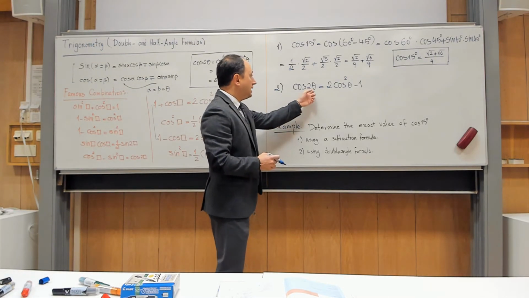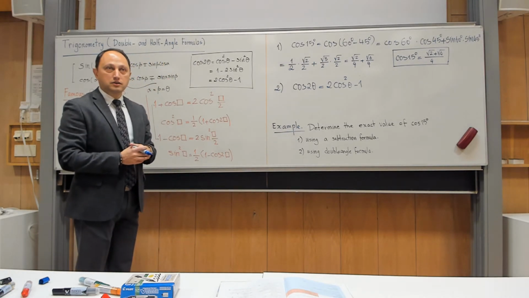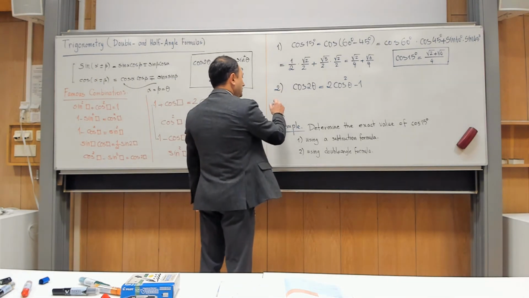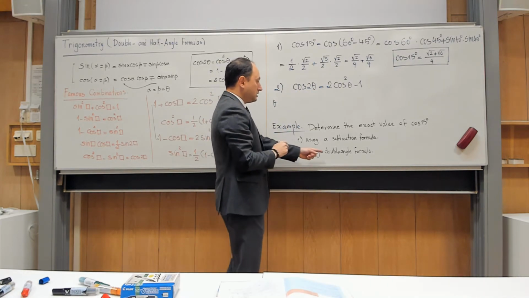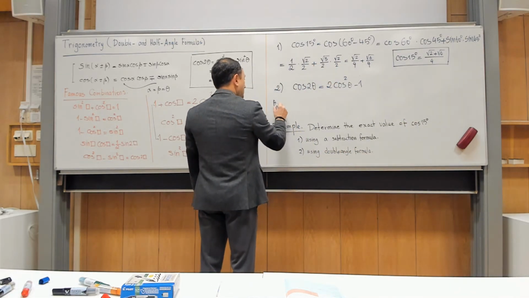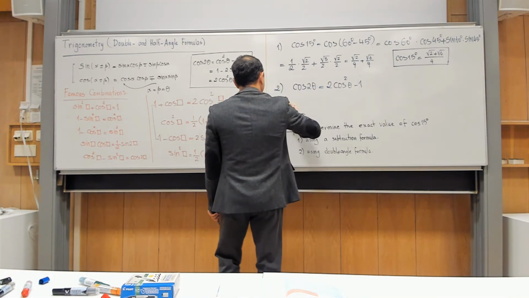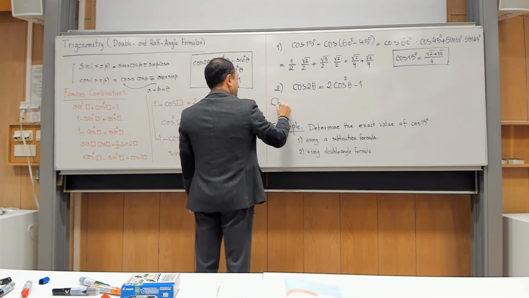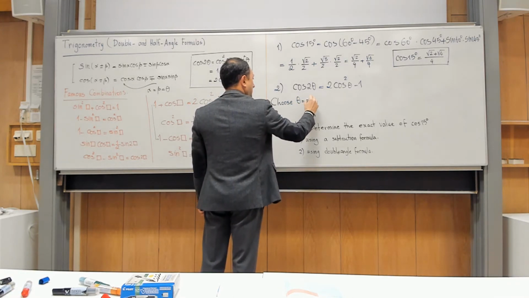Okay, so then I choose theta equal to 15 degrees. This is valid for all choices of theta, but in this context, I want to find cosine 15 degrees. So let me choose theta to be equal to 15 degrees.